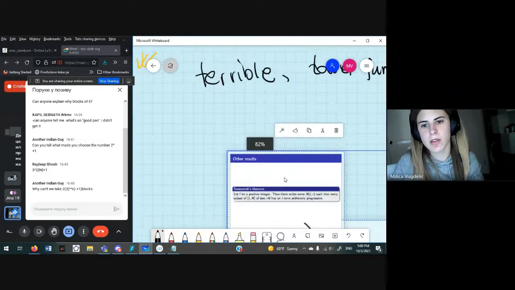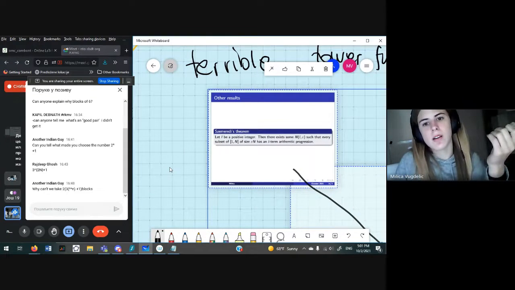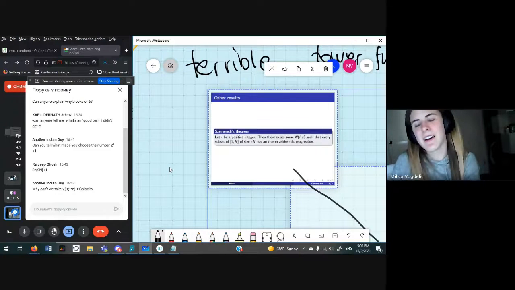Is Szemerédi's theorem, which states that if you take a proportion of a set, like say a third, you can take this epsilon to be something less than 1, it doesn't matter, take any subset which is large enough, and it will have an arithmetic progression for some n large enough.